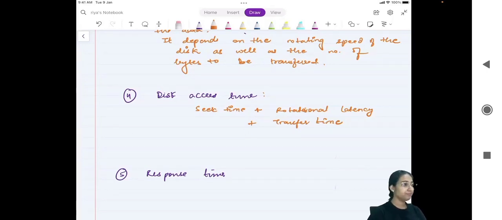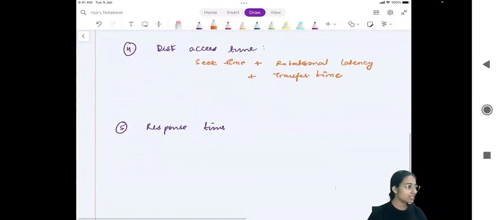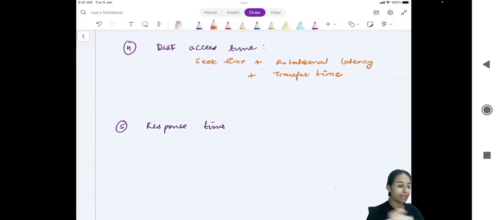And what is disk response time? Response time, we can say, is basically the average of the time spent by a request. Disk access time starts from the very time where your request starts getting processed, whereas response time also includes the time where the request is waiting to perform the input output operation.